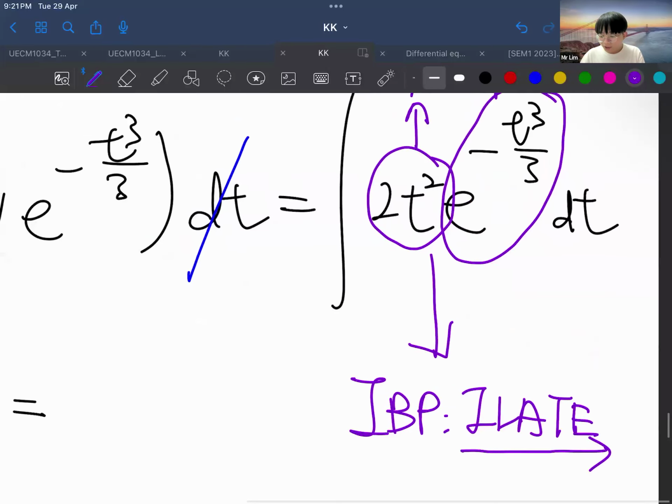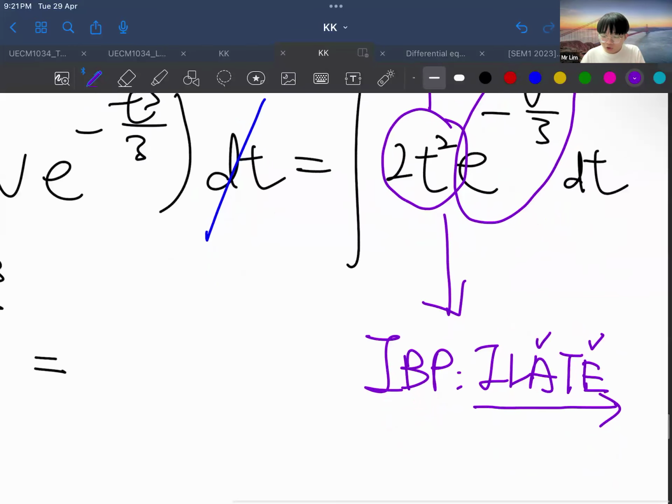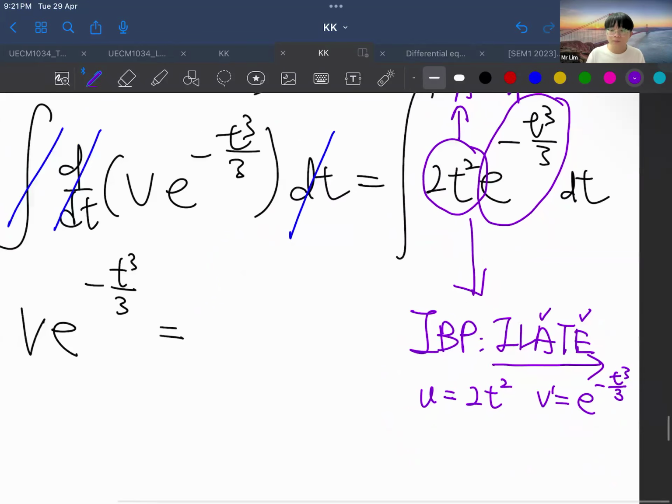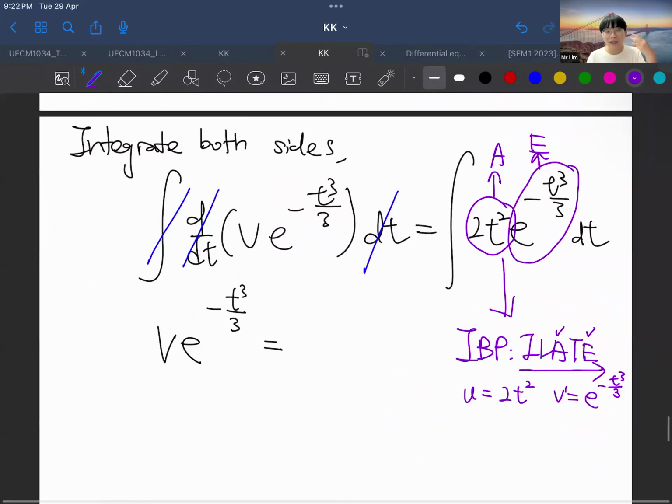I have A and E, and because A comes first, it's suggested that u is equal to 2t² and v prime is equal to e^(-t³/3). I hope you understand what I'm saying here.